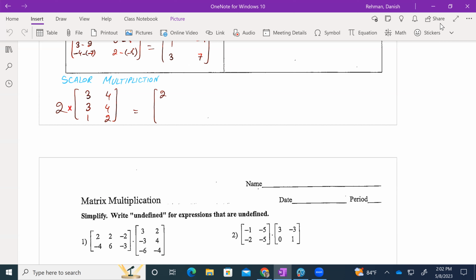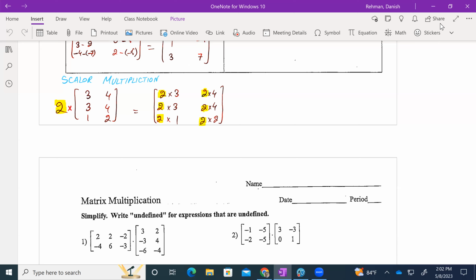So 2 times 3, 2 times 1, 2 times 4, 2 times 4, and 2 times 2. That's what I will do. What I did, I took that 2 from outside, and then I multiplied with that 2 every single element from the matrix. Look at this.